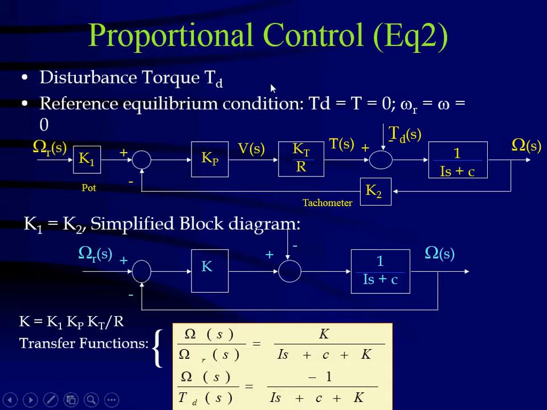So if you have the plant and the input is a step input, the step input can be represented as 1/s. If you put the input plus the transfer function and you try to find out what the response is, you're going to see something like this. And then you can calculate what the value would be.